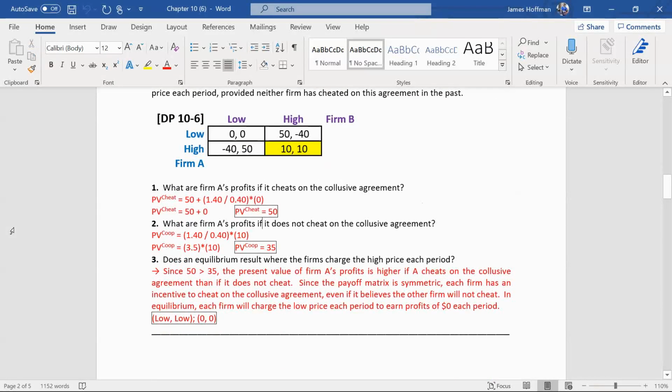Okay, so what are firm A's profits if it does not cheat on the agreement? That would be 1 plus the interest rate, which is 1.40 because the interest rate is 40%, and then divided by the interest rate, which is 0.40, and then times 10 that the firm gets from cooperating. So we're just using this formula.